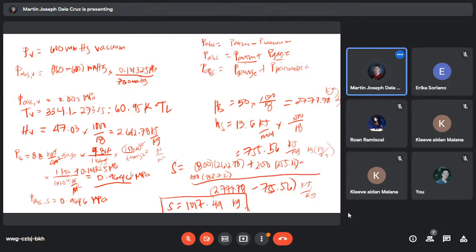So, buti na lang. Kasi naka-gauge siya, class. So, to get your P-abs, ganyan, mag-add tayo ng 1 atm. So, okay na ba? Okay na po. Okay. So, add nyo na, anyway, i-send ko naman tong PT later.